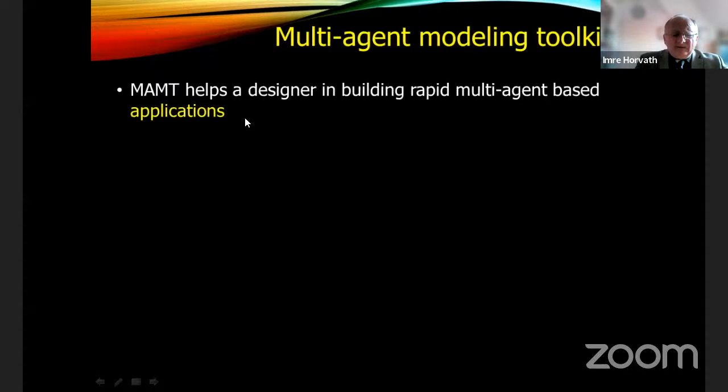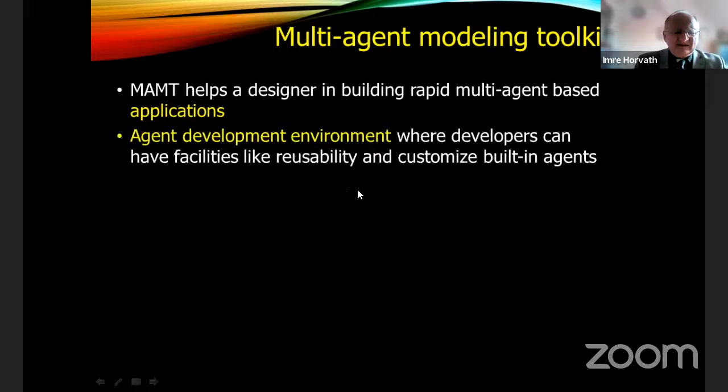So, a concrete implementation of the software tools is the multi-agent modeling toolkit, which helps designers in building rapid multi-agent-based applications. This is a kind of agent development environment where developers can have facilities like reusability and customized built-in agents.